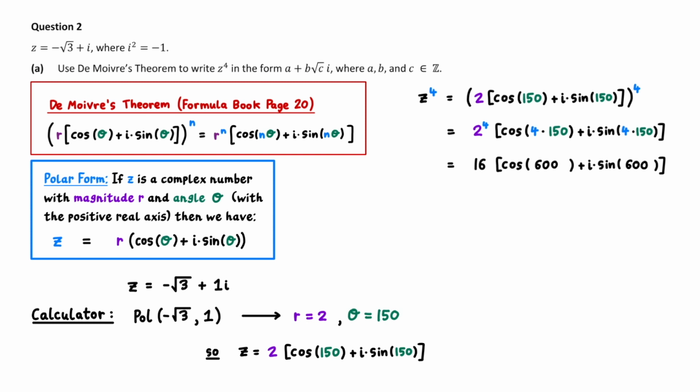Now, let's simplify. 2 to the power of 4 is 16, and 4 times 150 is 600. We can evaluate the cosine and sine on our calculator. Cosine of 600 is minus a half, and sine of 600 is minus root 3 over 2.